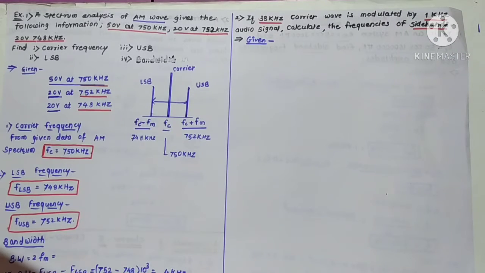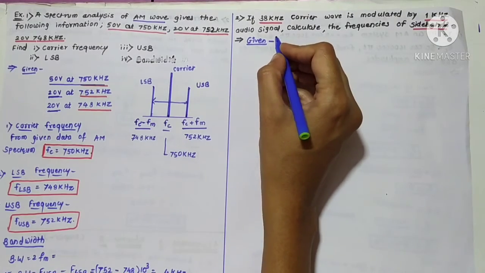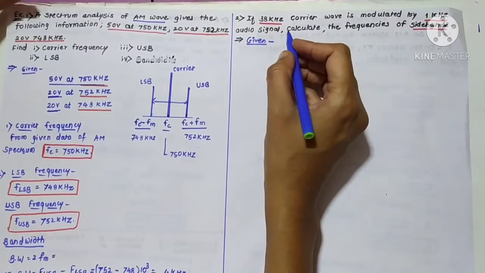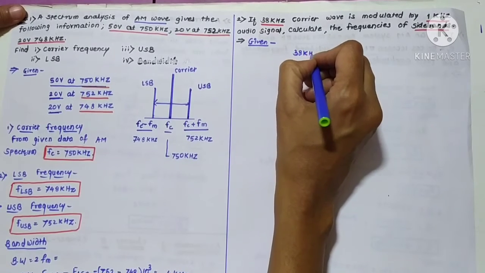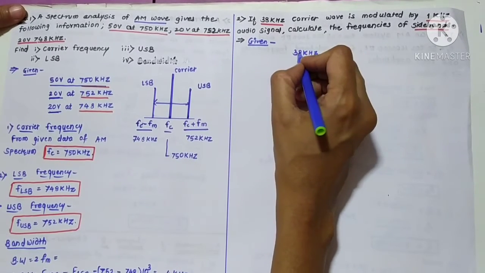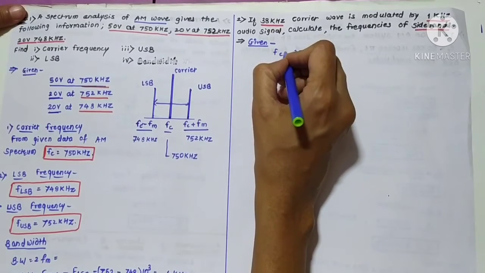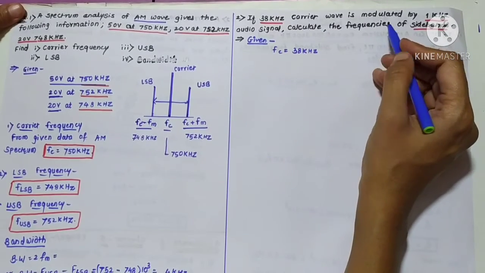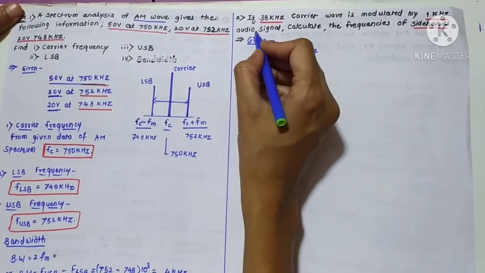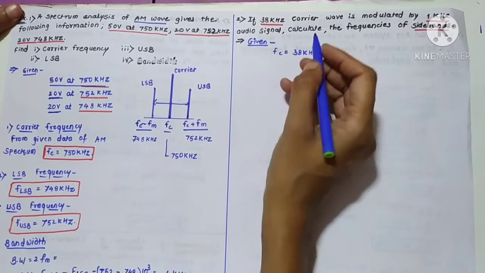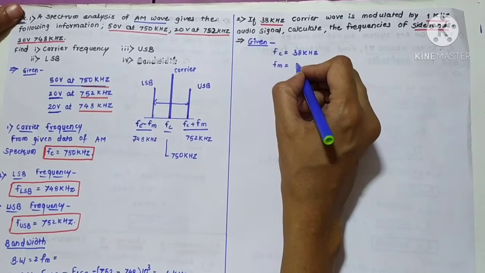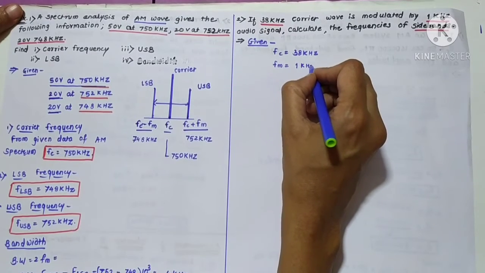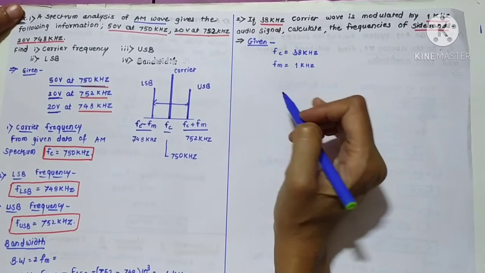This is a very simple problem. First we have to write down the given things. 38 kilohertz is the frequency of the carrier. Okay students, and 1 kilohertz, as this is an audio signal, is the frequency of the modulating signal because it is less than that of the carrier signal.